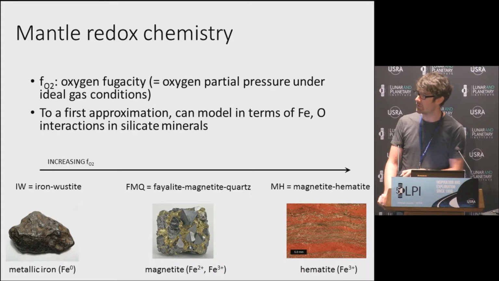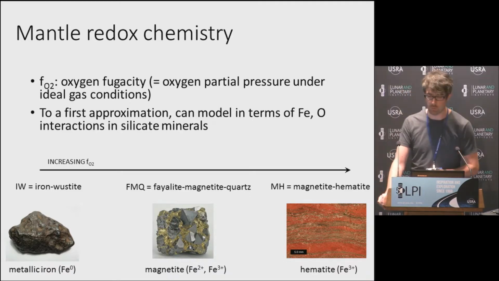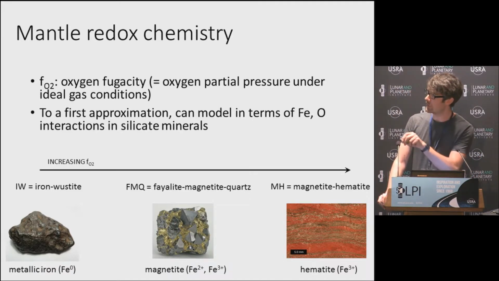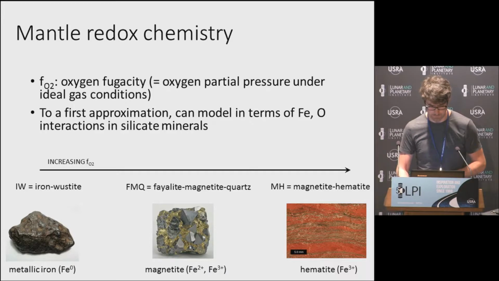And so as a function of fO2, one of the most reducing is iron-wüstite. A more intermediate mineral buffer is fayalite-magnetite-quartz, FMQ. And then the most oxidizing one is magnetite-hematite. And so it looks like Venus's surface and possibly also its mantle are somewhere here on this redox scale.